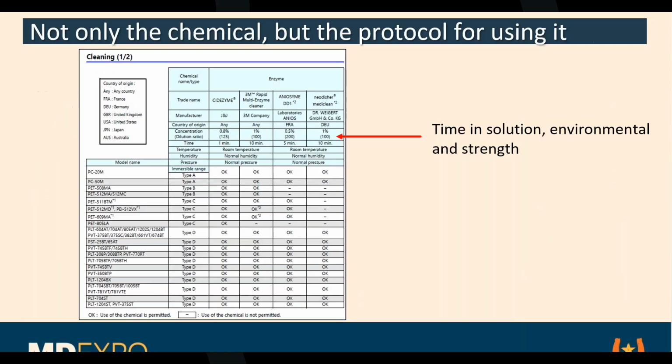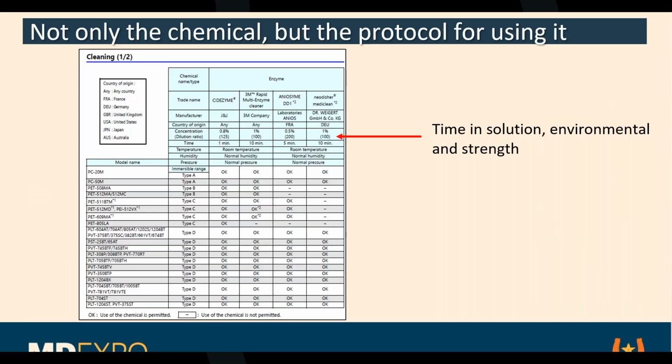And here's kind of what that looks like in a chart that the OEM provides. This happens to be from a Toshiba, but it also says time in solution, environmental conditions, is it too hot or too cold in the particular room, and the strength of the solution. All of those are identified as to what it should be and to make it safe.